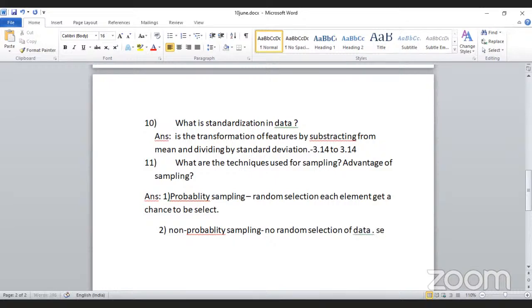Selection is based on any other required criteria.